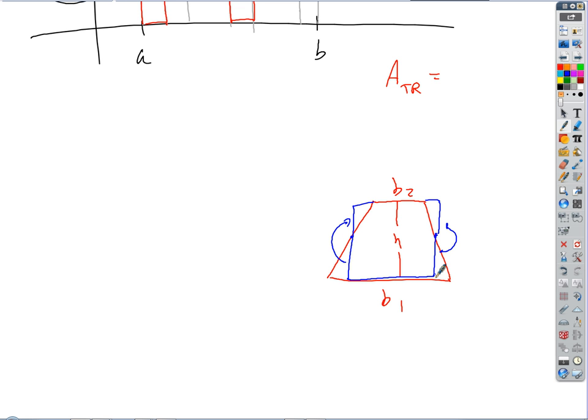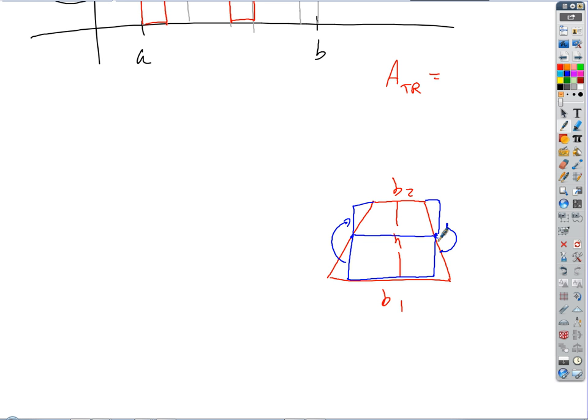Would you agree? Because the midpoint, would you agree that the mid-segment, if you go back to geometry, the mid-segment of a trapezoid is equal to the average of the lengths of the two bases, isn't it? Does that make sense? Right?